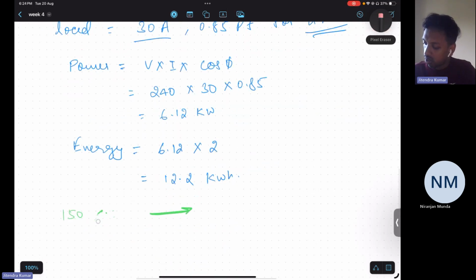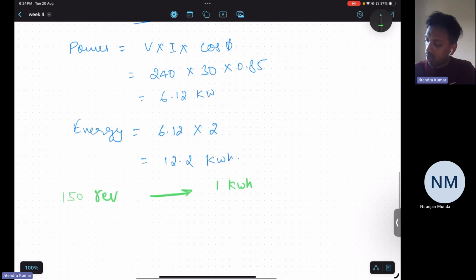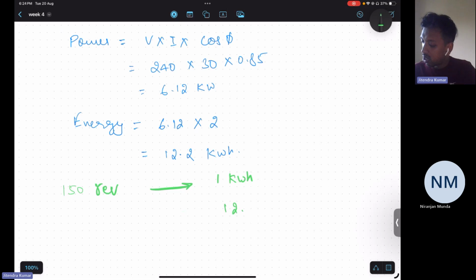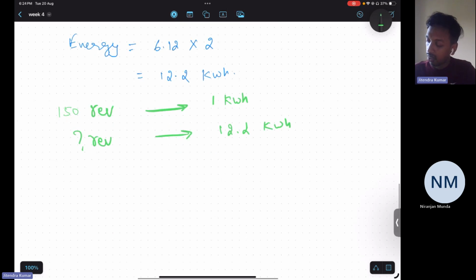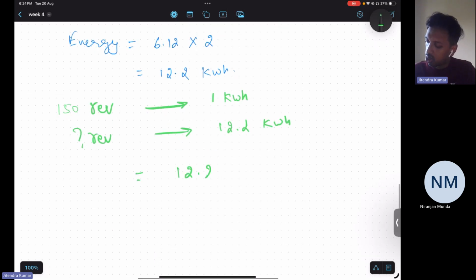So we have 12.2 kilowatt hours. How many revolutions do we need to calculate? It will be equal to 12.2 into 150.